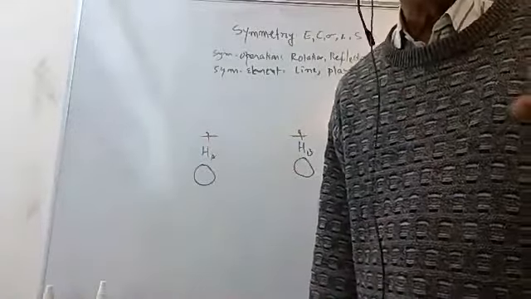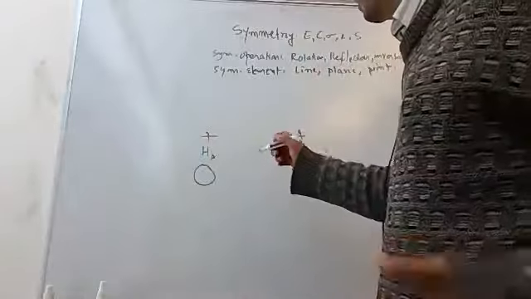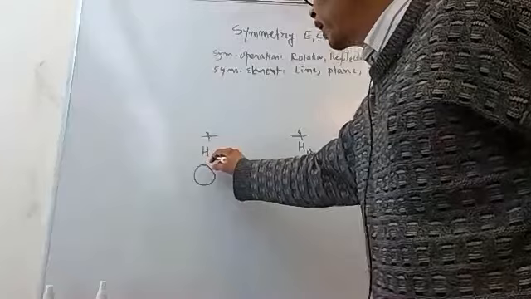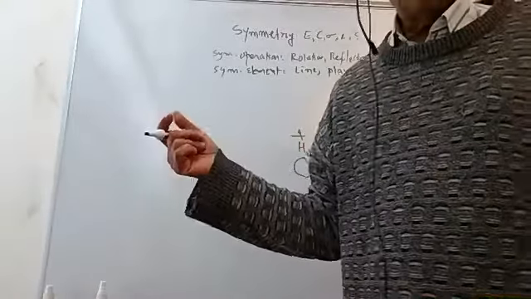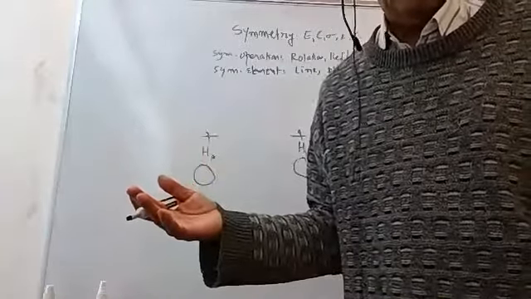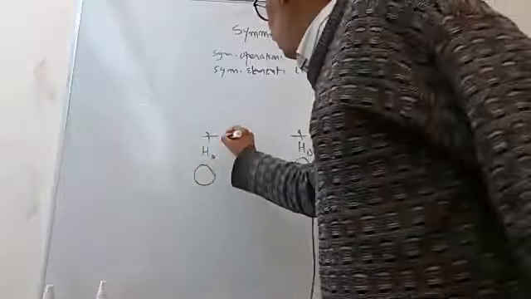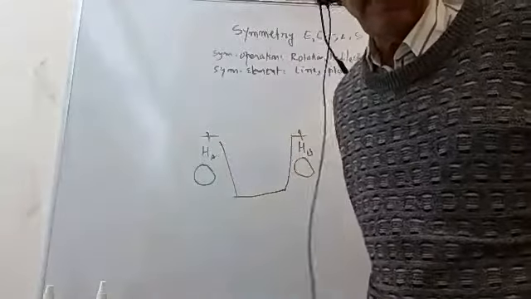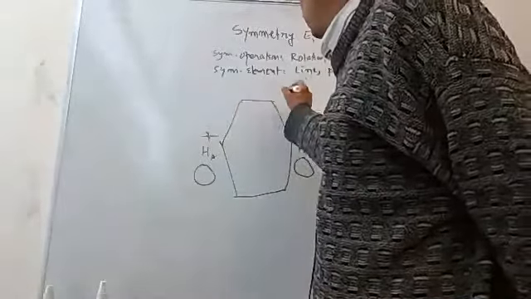When the electron moves, it creates a wave. Now, the question we're trying to answer is, are the waves that you see in hydrogen atom A and hydrogen atom B in phase or out of phase? If they are in phase, they are going to form what we call a lower energy bonding orbital. If they are out of phase, they create a high energy orbital, which we call antibonding.